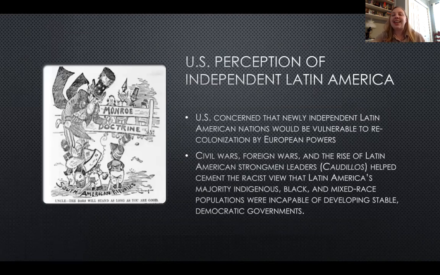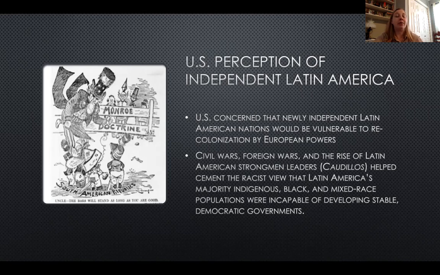Another reason that the United States isn't so gung-ho about helping these Latin American independence leaders is because U.S. policymakers don't view the Latin American people as capable of governing themselves.